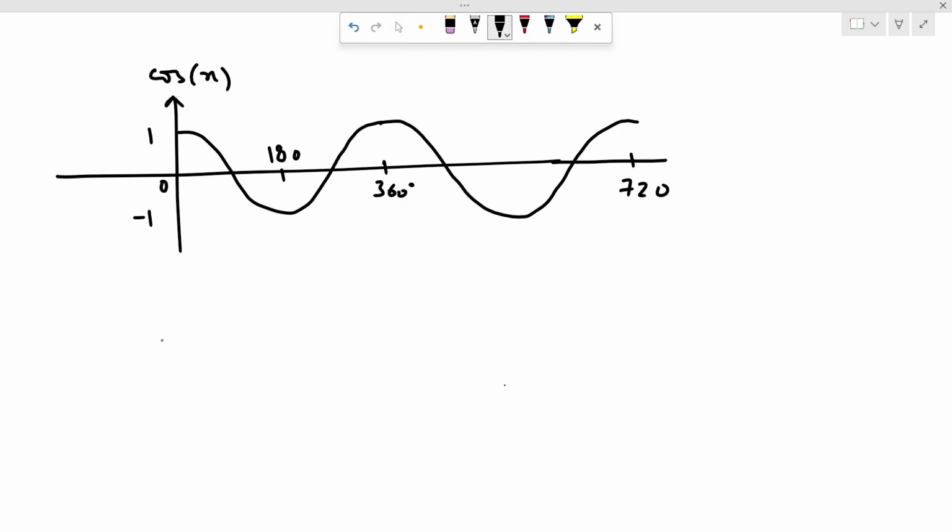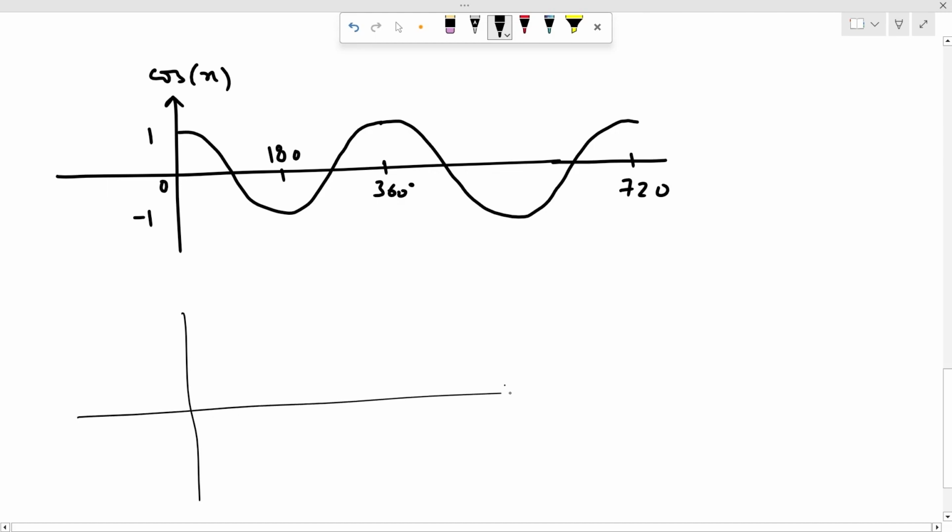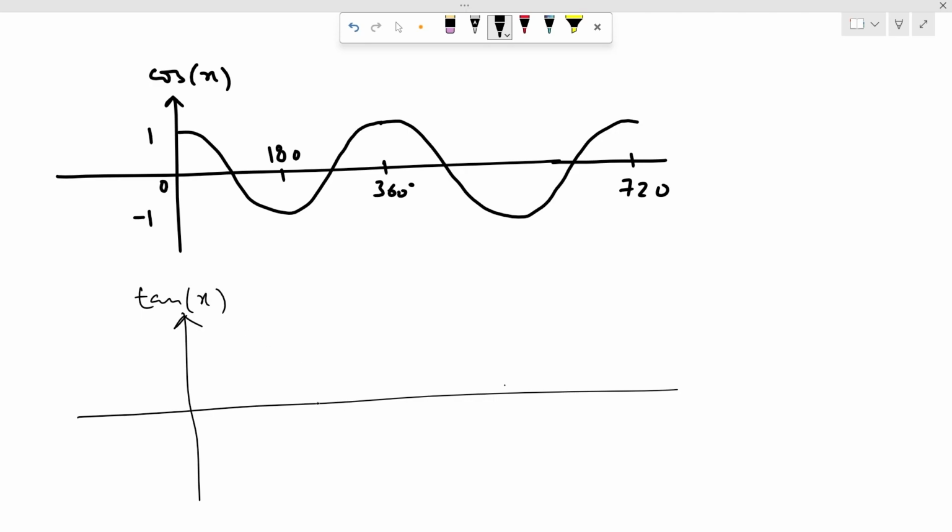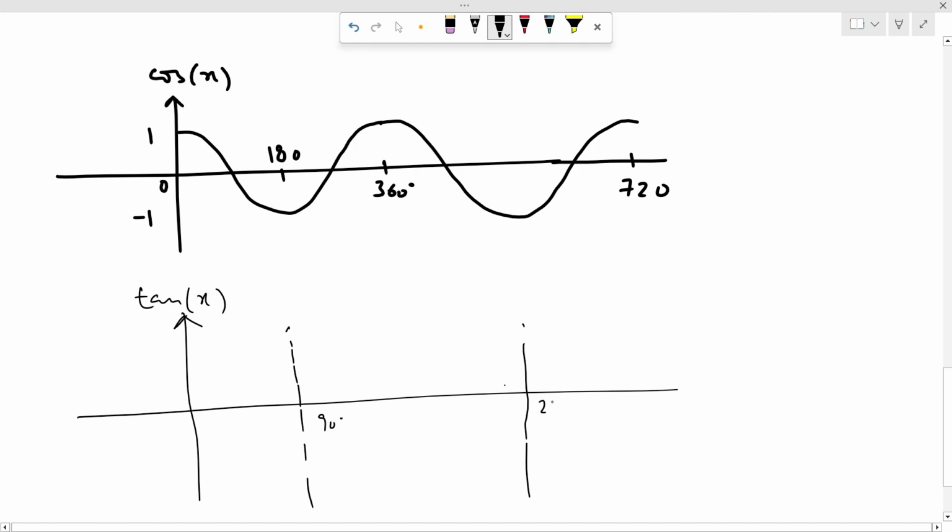We will now look at the tan function. The tan function has two values at which it is undefined. That is the 90 degrees and the 270 degrees.